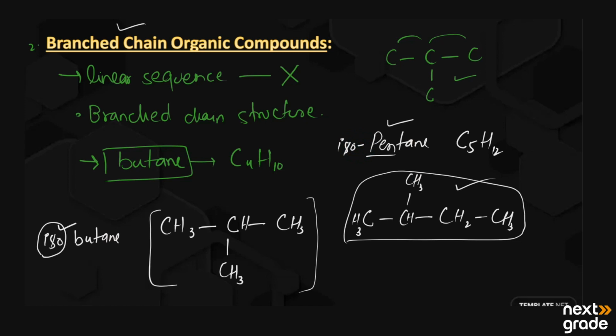The prefix iso has been added for the branch chain alkanes. So this is the simple branch chain organic compound in which there is a side chain, or we can say that all the atoms are not present in the linear sequence. At least one carbon atom is linked with more than two other carbon atoms. So here one carbon atom is linked with two, and the next one is linked with three carbon atoms. So this makes the branch chain structure of the organic compounds.